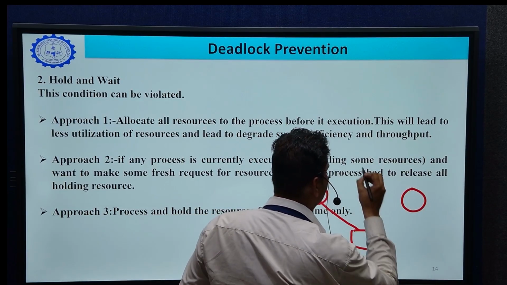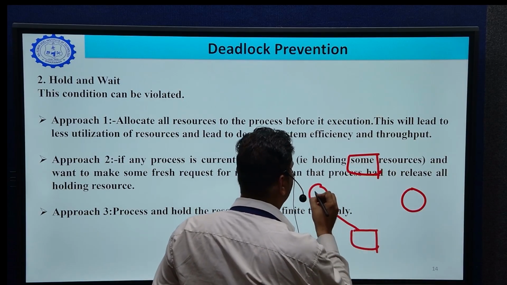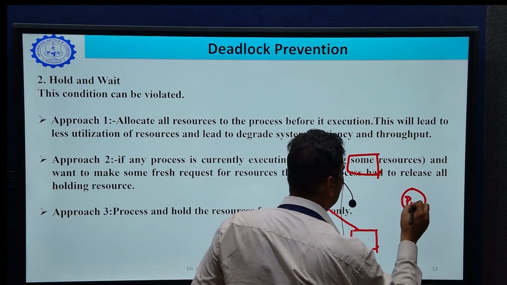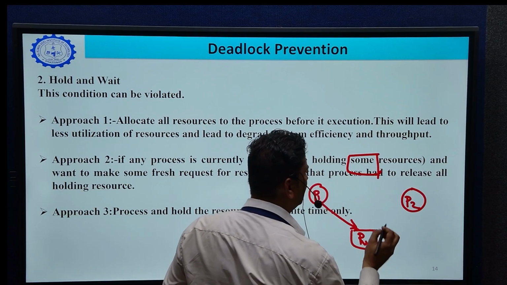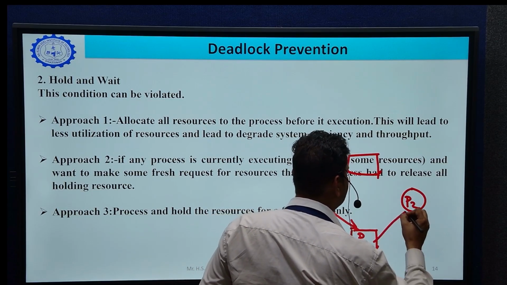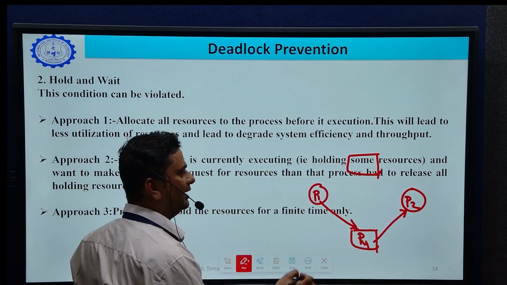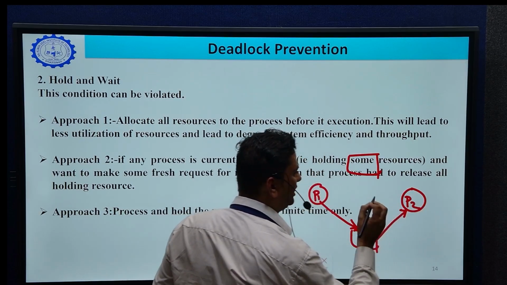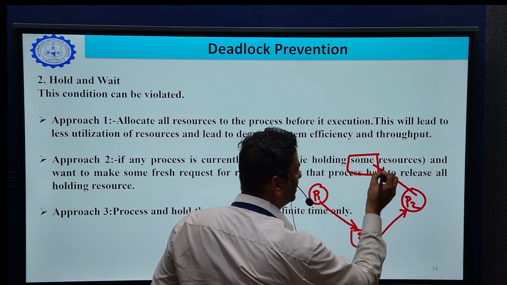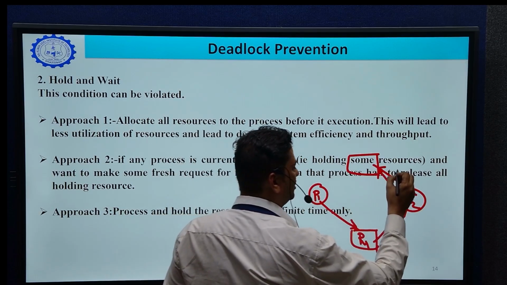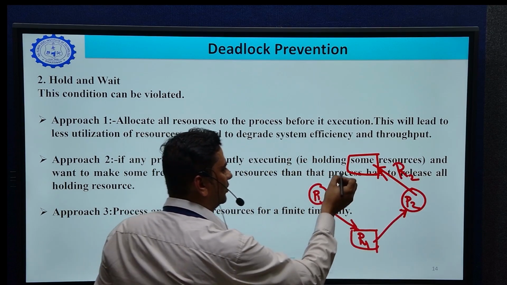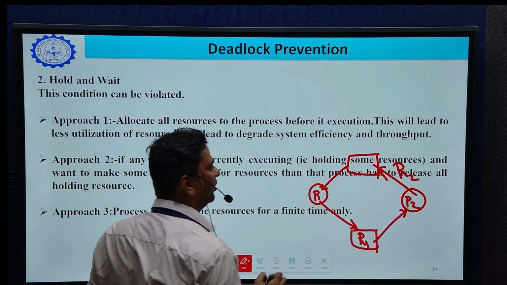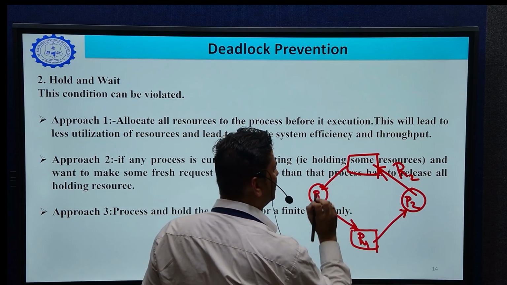As I have already explained previously, there are 2 processes P1, P2. At the same time, P1 is requesting resource R1, and this R1 is already allocated to process P2, and P2 is requesting resource R2, and this R2 is already allocated to process P1.